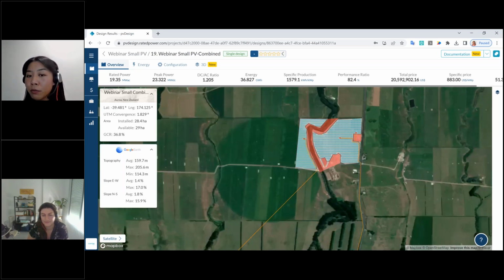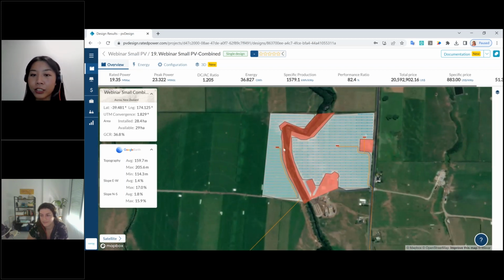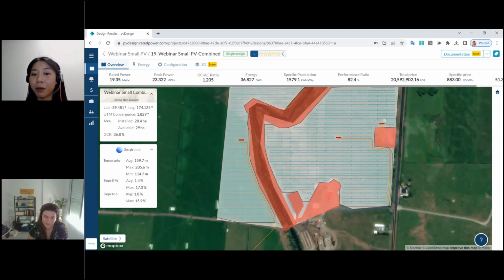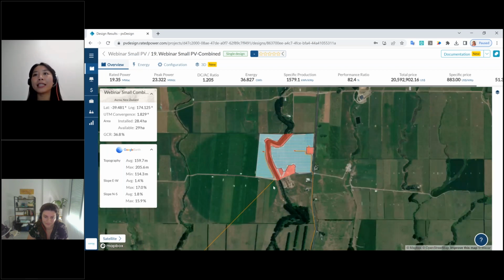So if we zoom in, you will see the power stations are normally located in the center of the blocks. That's for the power station locations.